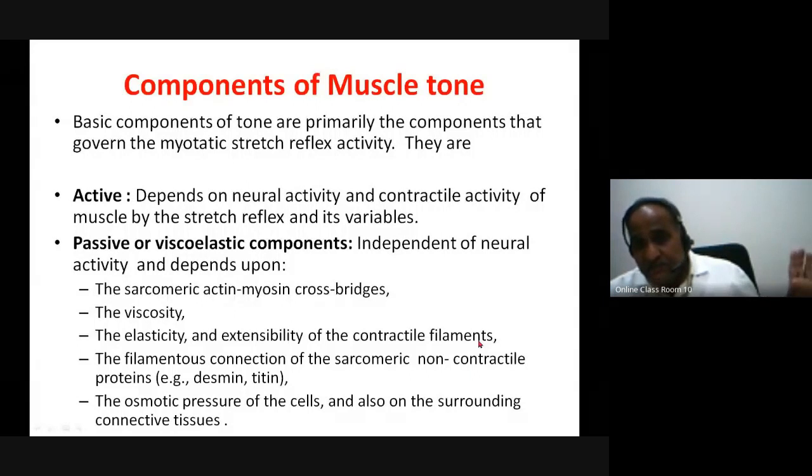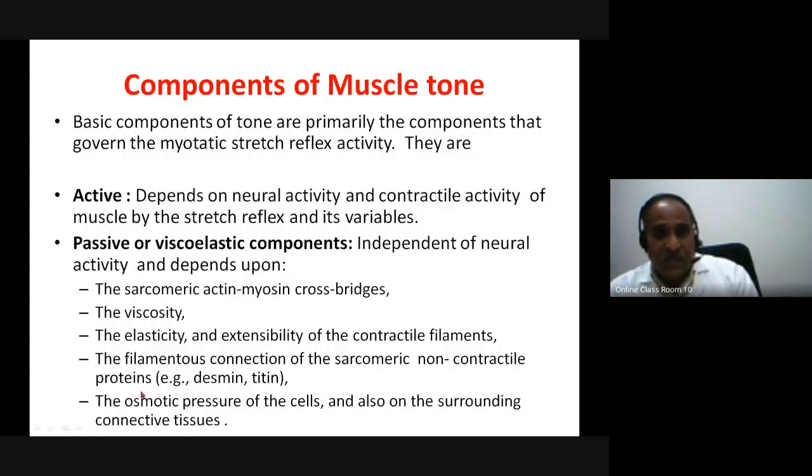This is independent of the muscle nerve activity. The filamentous connections of the sarcomeric and non-contractile proteins, because we have a Z-line protein or M-line protein, and so many non-contractile proteins which are surrounding and constituting the series elastic elements and the parallel elastic elements, such as desmin, titin, and so on.